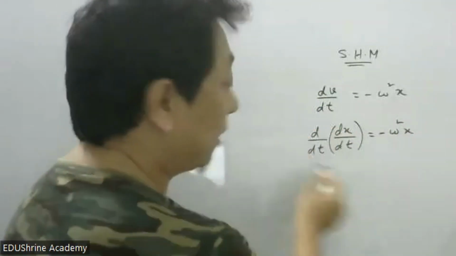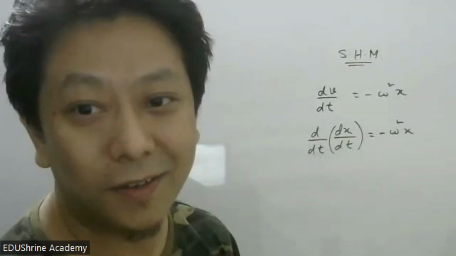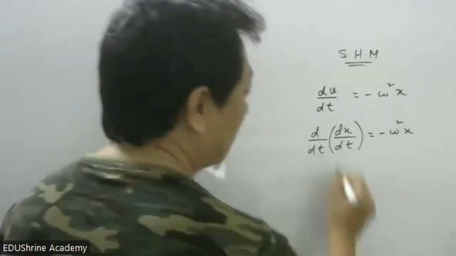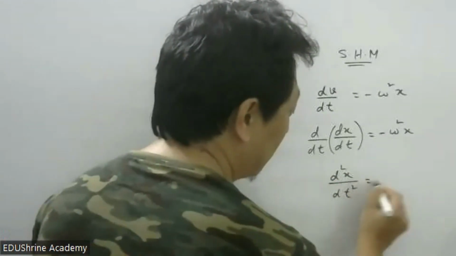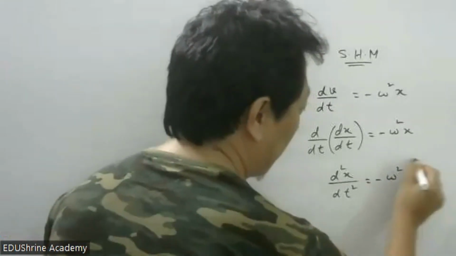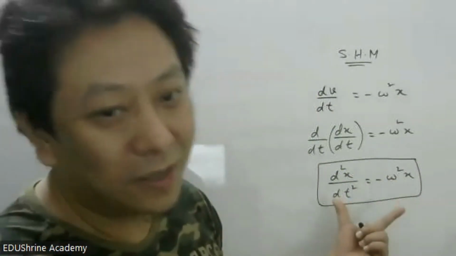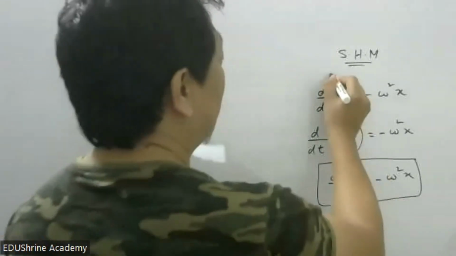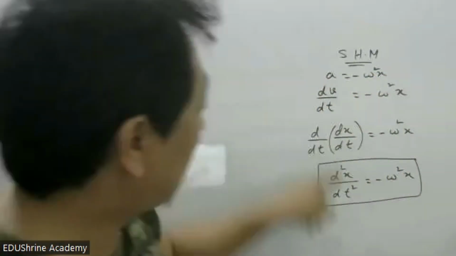And this is called double derivative. In mathematics, have you done double derivative? Yes, sir. So this can be written d2x by dt square is equal to minus omega square x. So this is a very nice way of writing simple harmonic motion equation. Usually we write acceleration equals minus omega square x, but this is the same as this only.